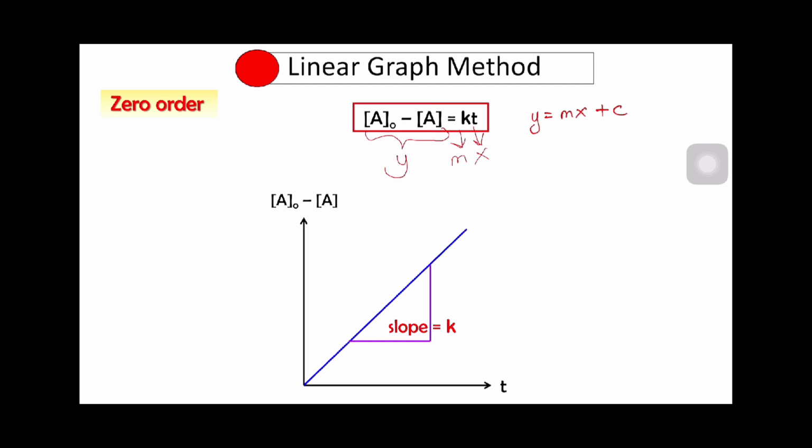So the y-axis is [A]0 minus [A], the x-axis is time, and the slope is the rate constant, k. For a zero order reaction, we will get a straight line graph with a positive slope that starts from the origin.